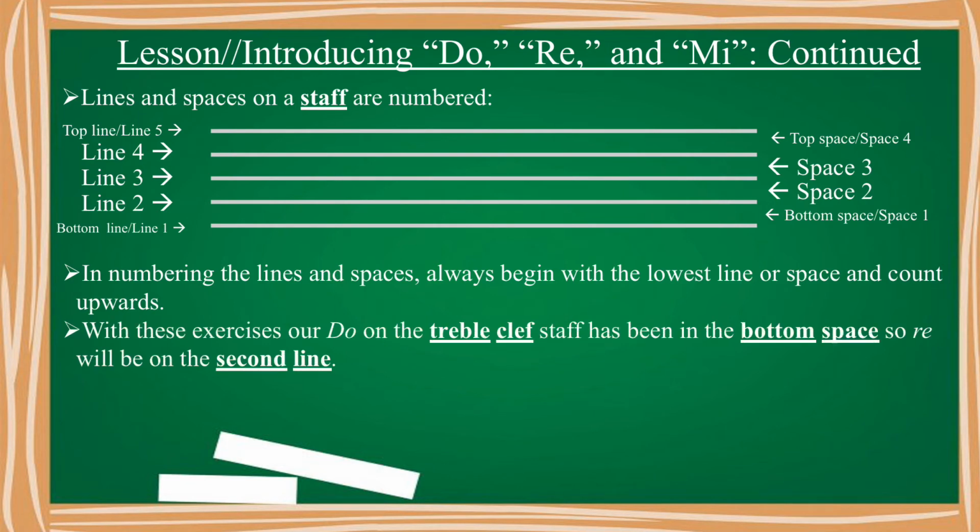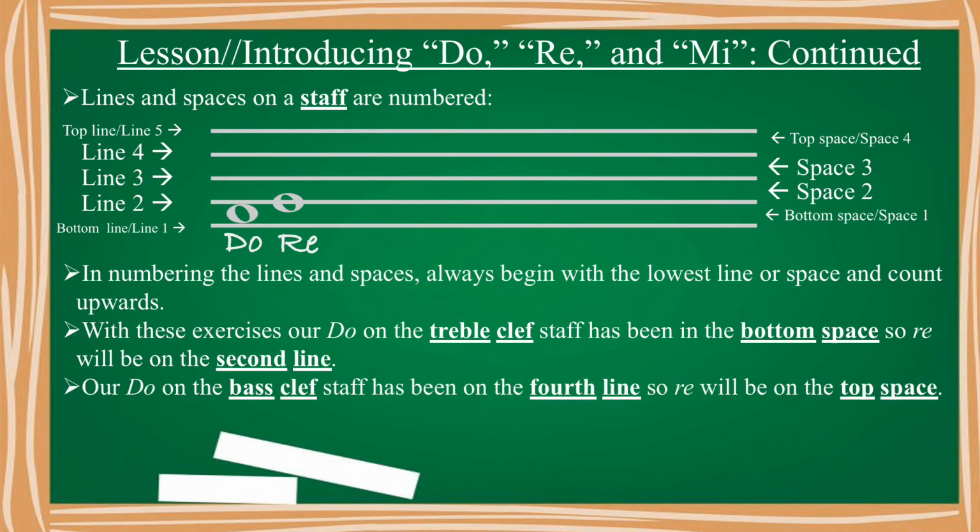With these exercises, our do on the treble clef staff has been in the bottom space, so re is going to be on the second line. Our do on the bass clef has been on the fourth line, so re will be on the top space.